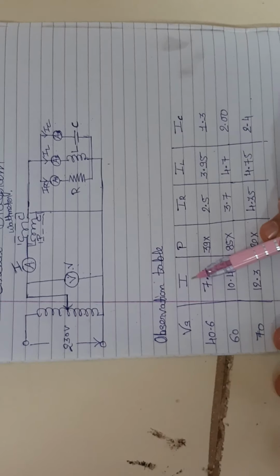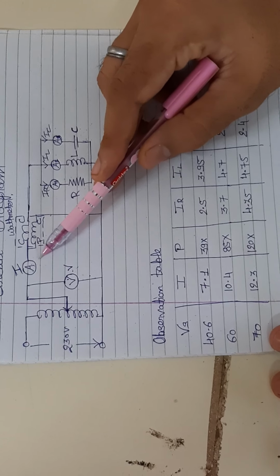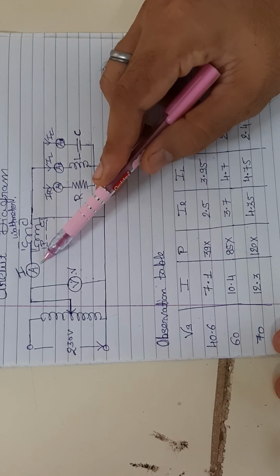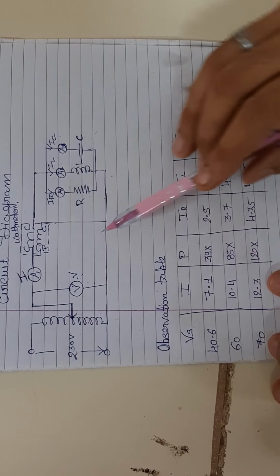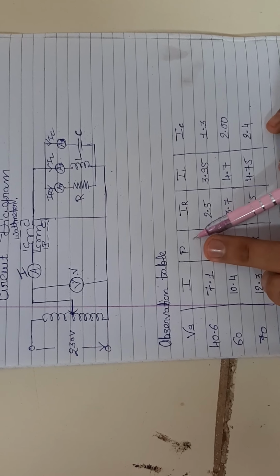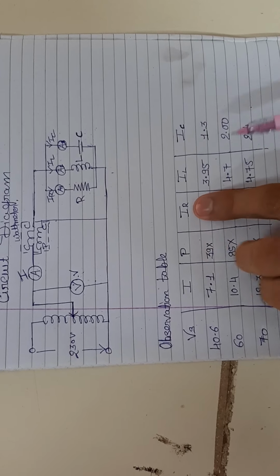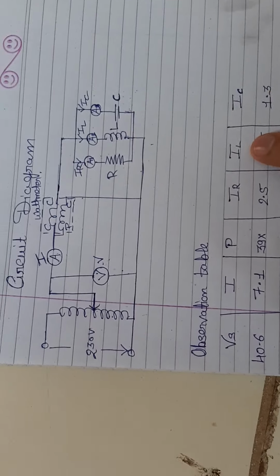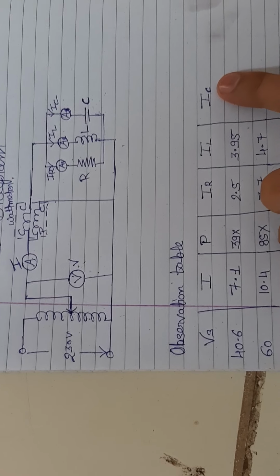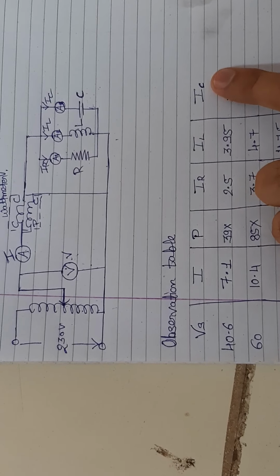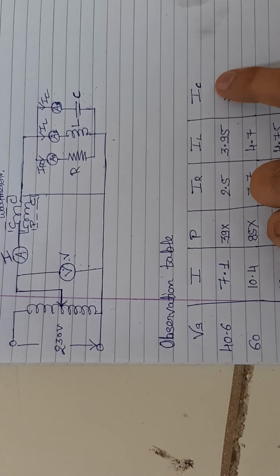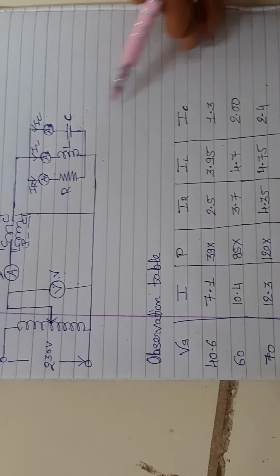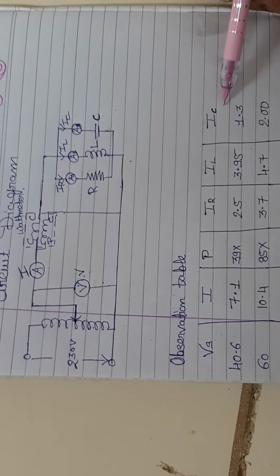Second, the main current I, which is measured by the main ammeter. Then power P is measured by the wattmeter. Then the current through the resistance is denoted by IR, the current through the inductor by IL, and the current through the capacitance by IC.